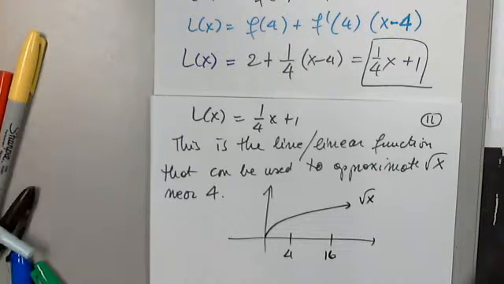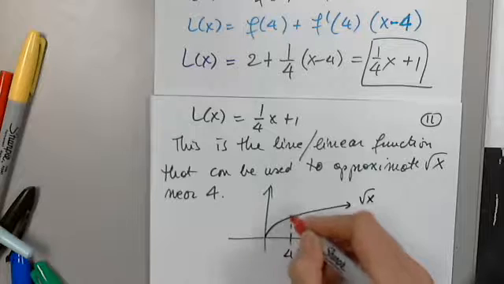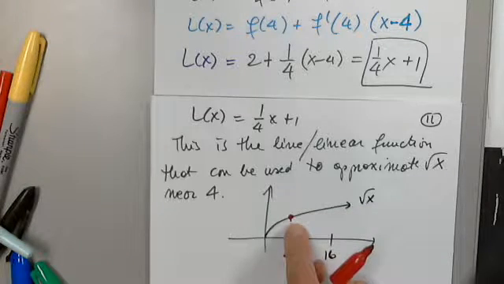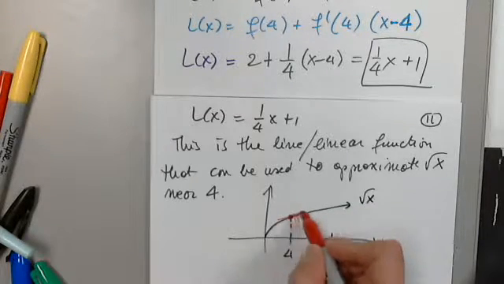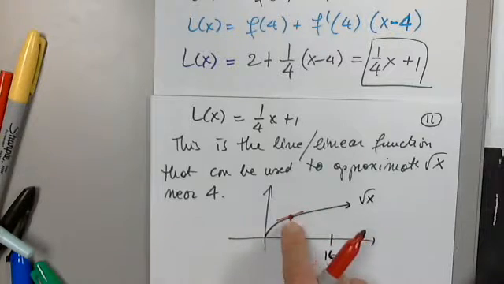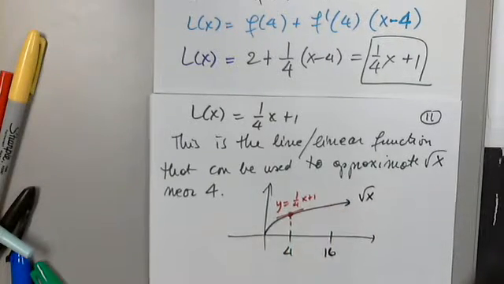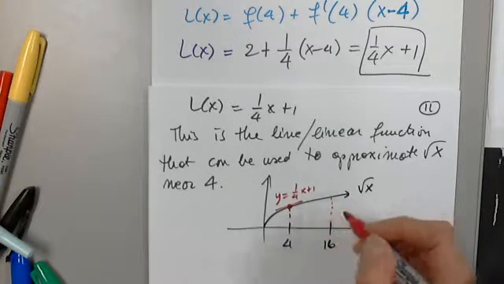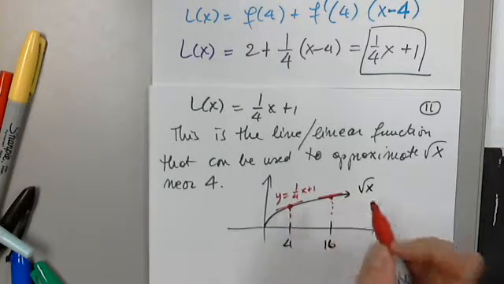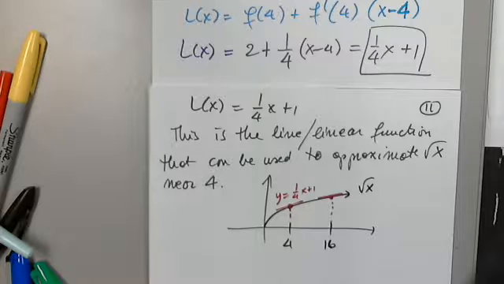Near 4, at this point, we have the equation of the line, which is y equals 1/4 x plus 1. But at 16, we will have a totally different line that will approximate the square root of x near 16.